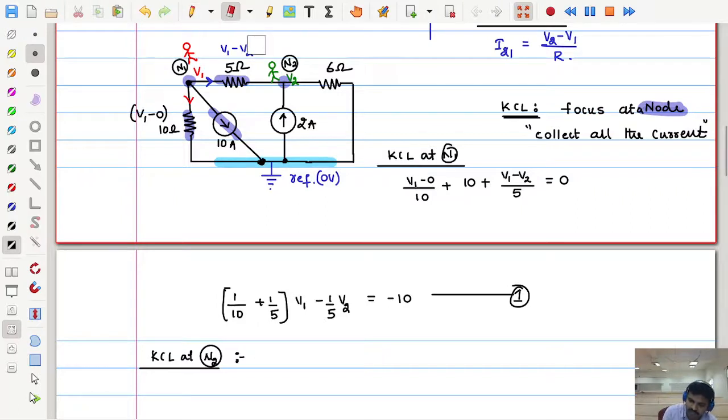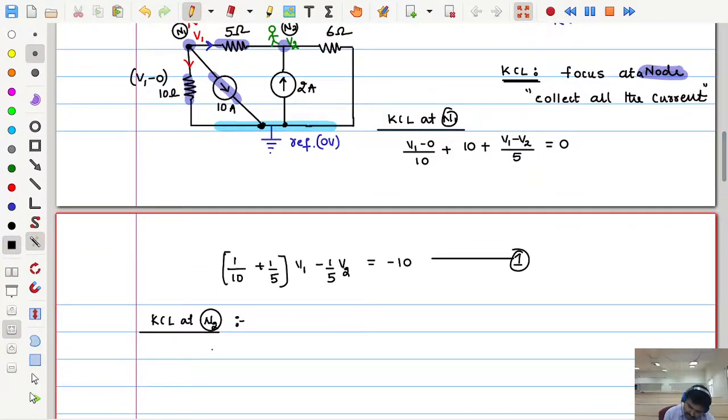So better not to write V1 minus V2 or V2 minus V1 across this. Why? Because from this person's point of view, the voltage across 5 ohms is V1 minus V2, whereas from the second person's point of view, it is V2 minus V1. So I will say that V2 minus V1 by 5 is the current through this 5 ohms resistance.